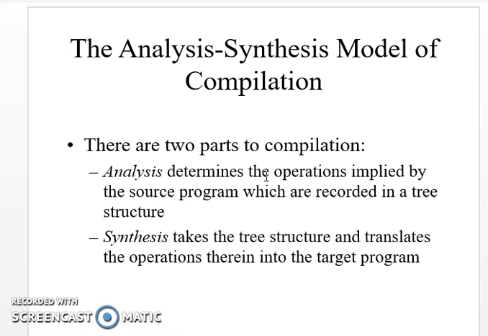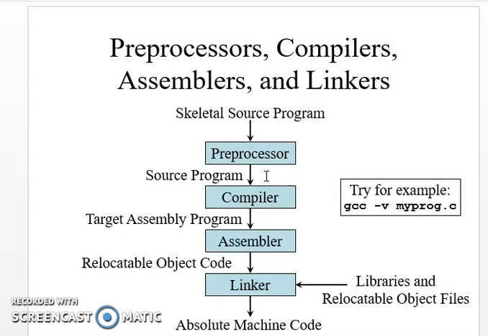The total analysis part is close to the source program. Coming to the synthesis, it takes the tree structure generated by the analysis phase and translates those operations into the target program. This is the main motive of the translation.